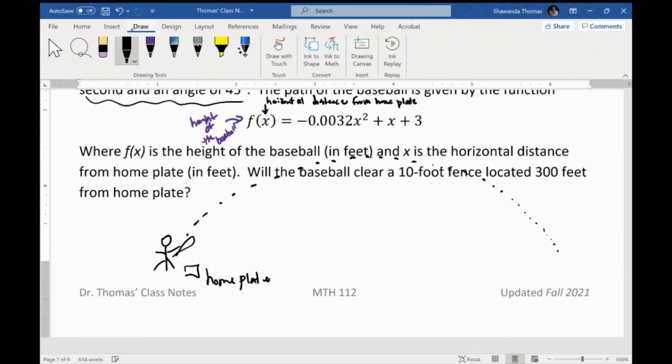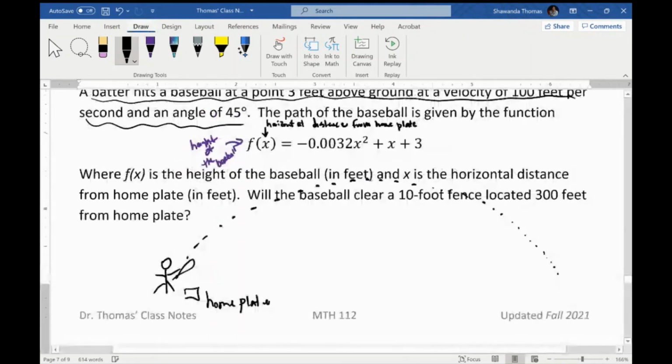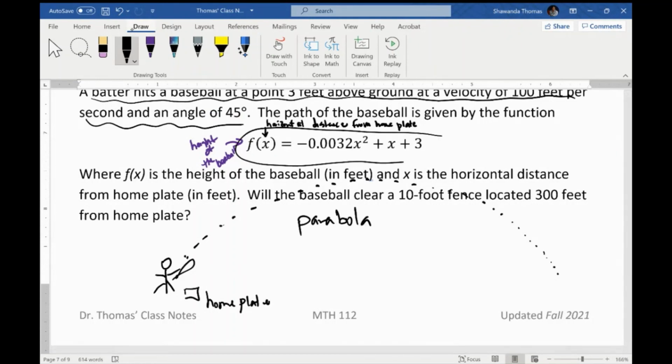Notice it's a parabola. That's why we do a lot of quadratics, because a lot of natural phenomena follow this pattern of going up and then gravity hits it and it goes down. Let's say there's a fence right here. We want to know, will it clear it?